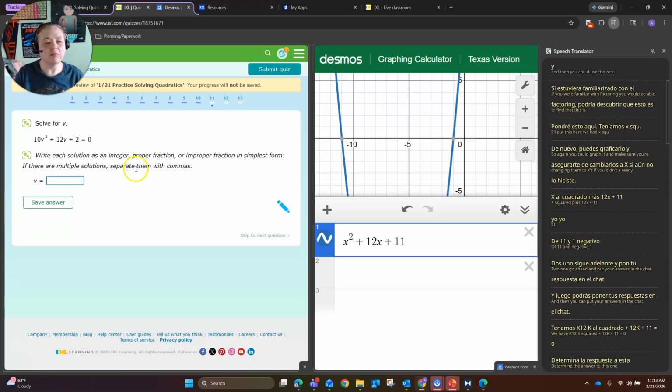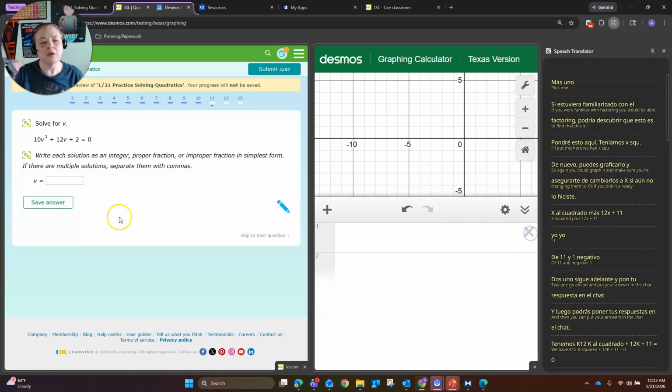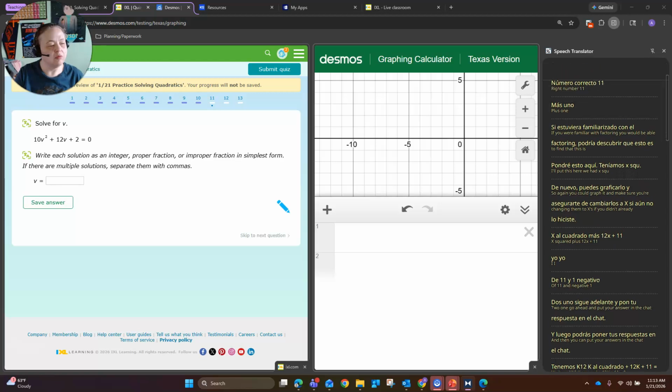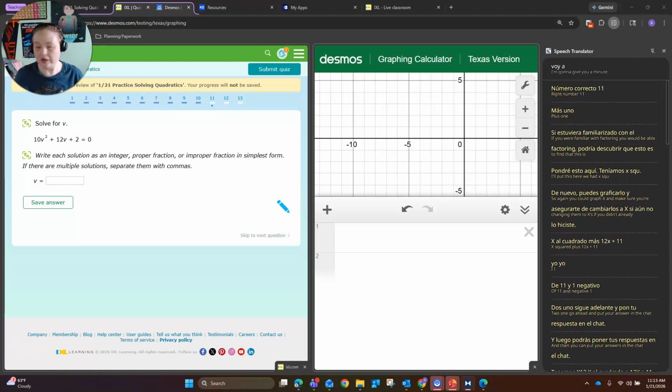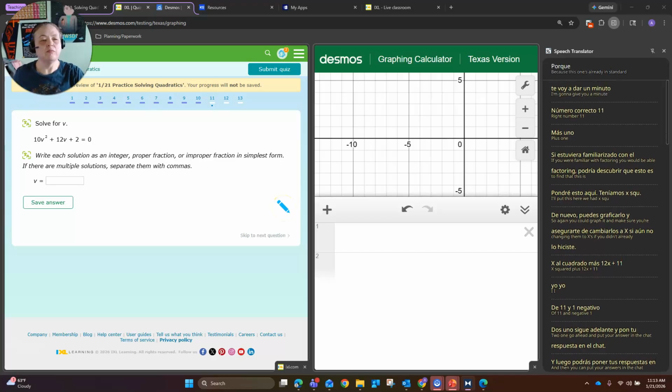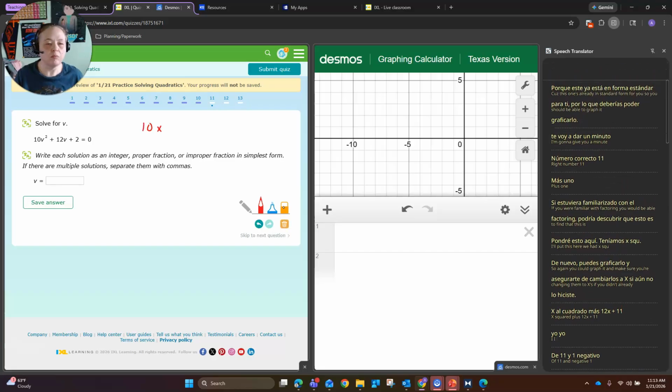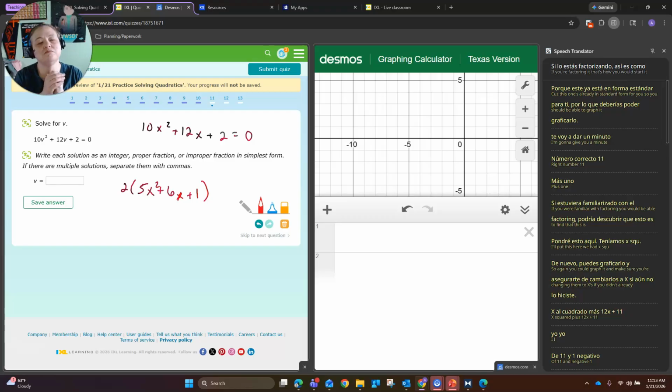All right, number 11. I'm going to give you a minute because this one's already in standard form for you, so you should be able to graph it. If you're factoring it, that's how you would start it.